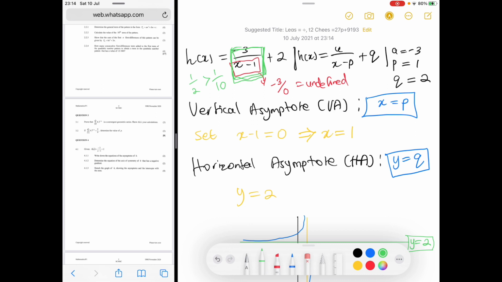If the fraction is 0, h of x will be 2. But the fraction will never be exactly 0. Hence, the graph approaches y is equal to 2, but it doesn't touch it. Great. If you don't understand that, please relax. That's fine. As long as you know how to calculate the vertical asymptote and the horizontal asymptote, you're good.